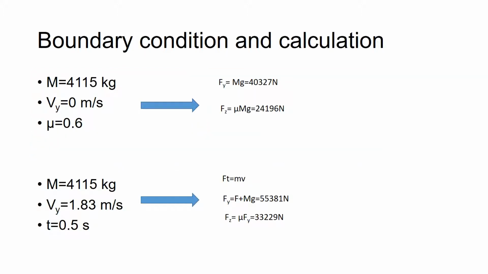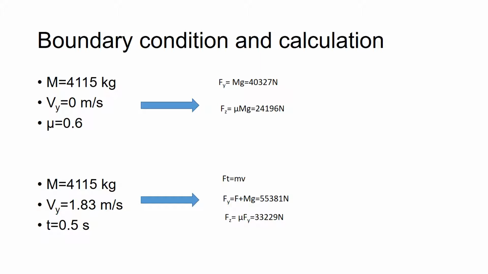So here's the boundary condition and also my calculation. So assume the weight of the airplane is about 4 tons. And also I just checked the website and I know that the maximum landing vertical speed is 1.83 meter per second. So I did two extreme conditions.